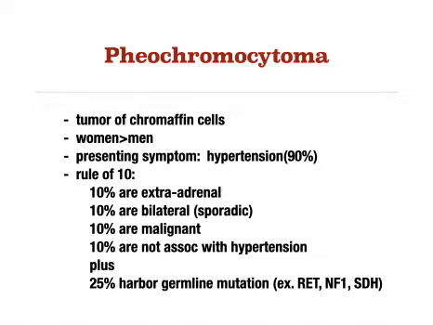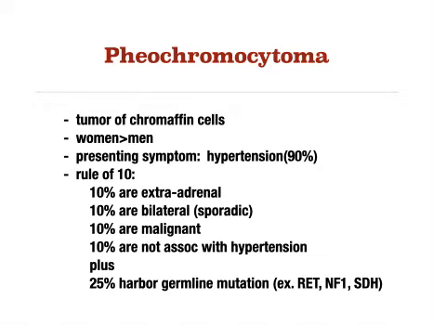And the other features of pheochromocytoma are traditionally summarized by the rule of 10. So what is this rule of 10? One would be that 10% of pheochromocytomas are extra-adrenal in location, meaning 10% of them are seen outside the adrenal gland. Okay?